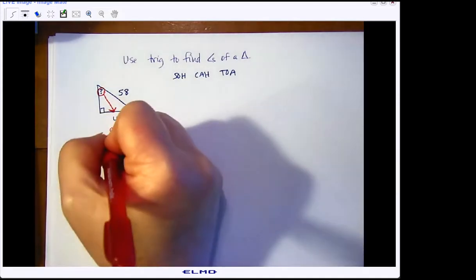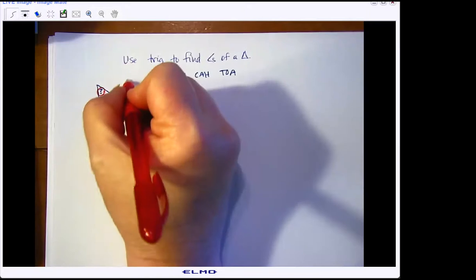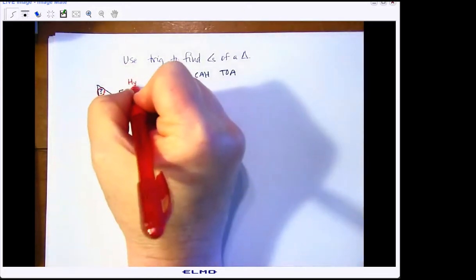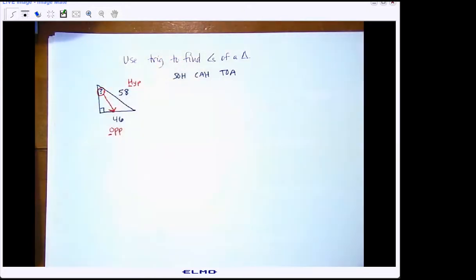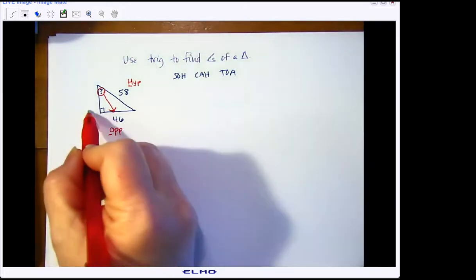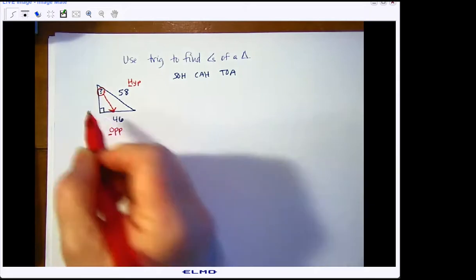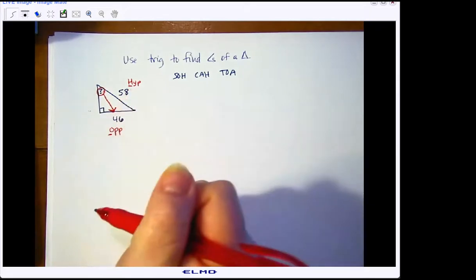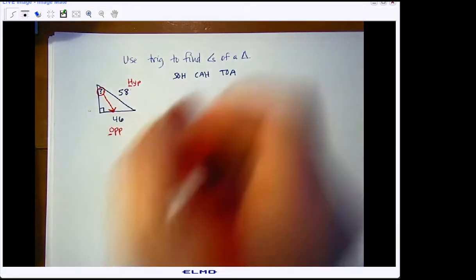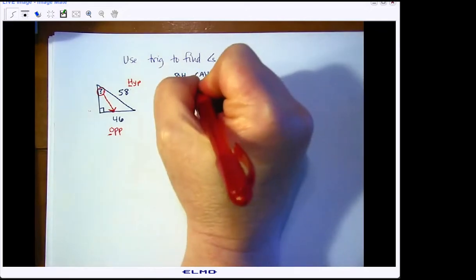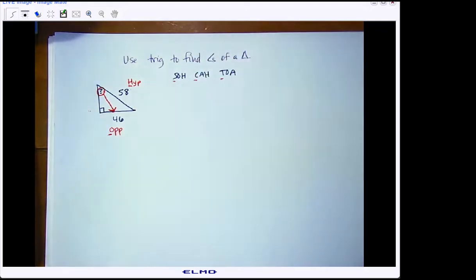So I have an O. This is my H, my hypotenuse. And if you'll notice, I do not have an A. I have an O and an H. So am I going to be using tangent, cosine, or sine with an O and an H?